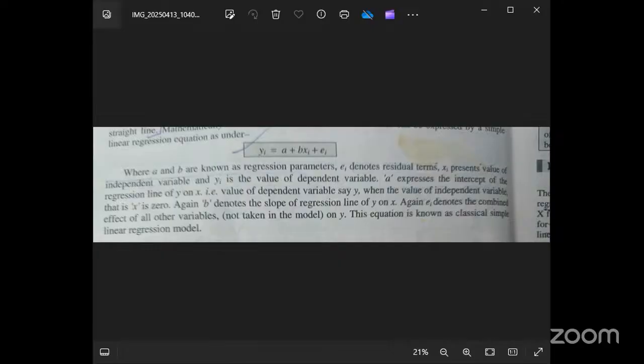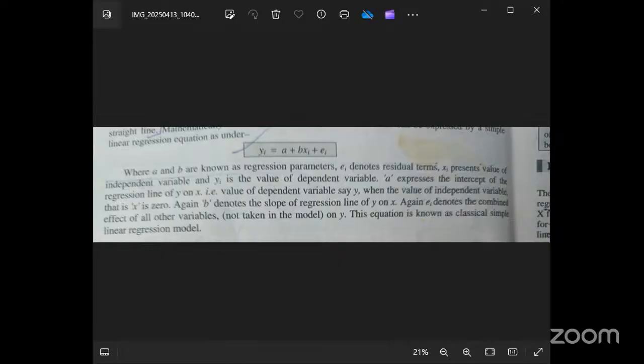So it is a line which shows average relationship between two variables, x and y. So this is called estimating lines, and which gives us average estimation value of dependent variables and independent variables. So here dependent variable is y, independent variable is x.